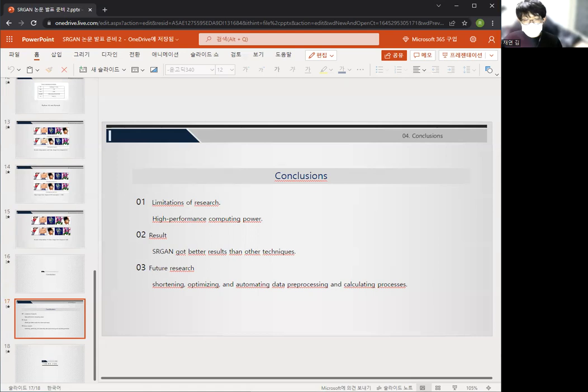As a future research task, a method of improving resolution in gameplay in real time through shortening, optimization, and automation of the data pre-processing and calculation process as a whole can be pursued.